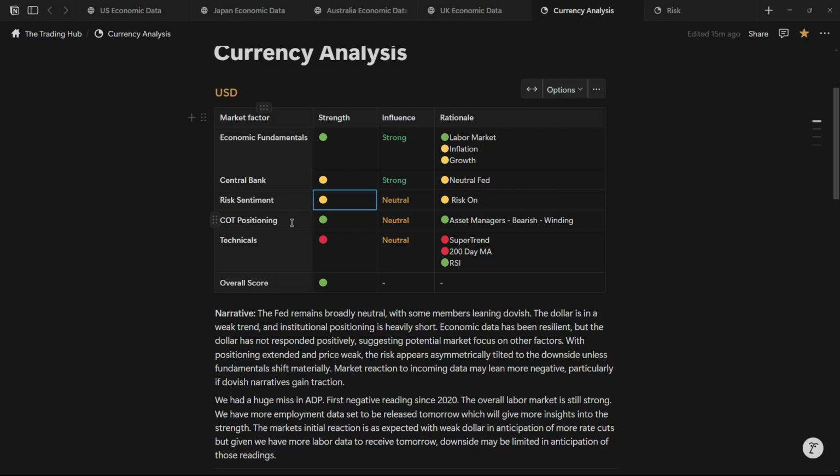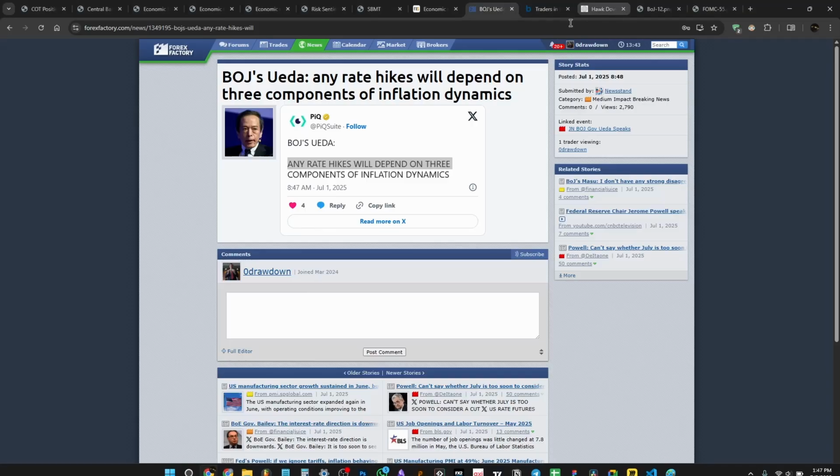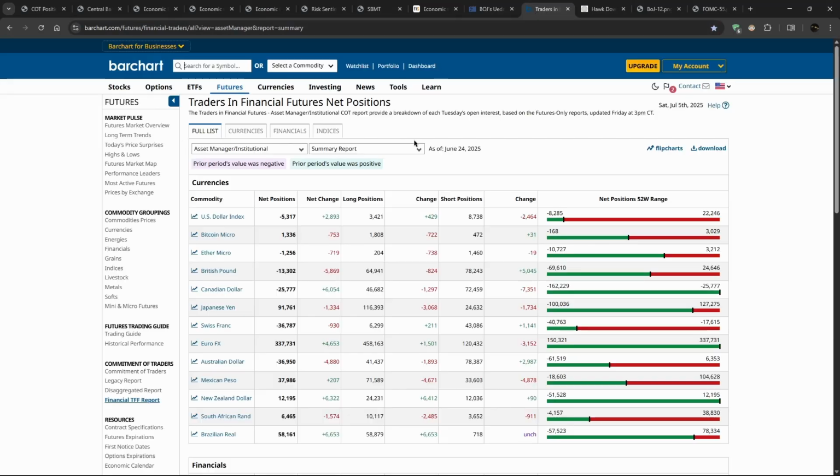And next we have COT positioning. For COT positioning, I used to look at non-commercials and leverage funds. And if you don't know what COT positioning is, every Friday, we actually did not get the release this Friday because it was a holiday, so we were going to get this on Monday.